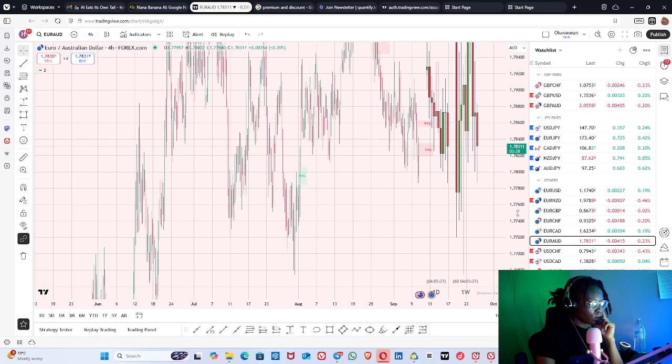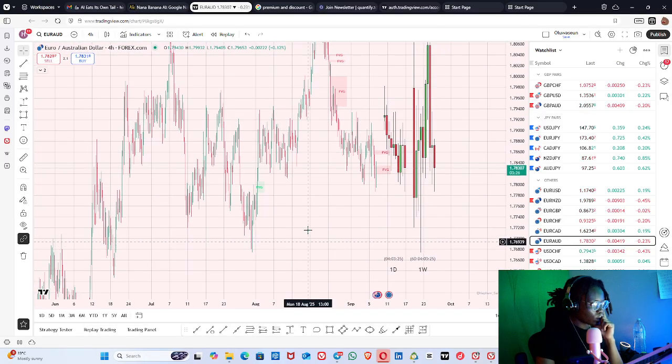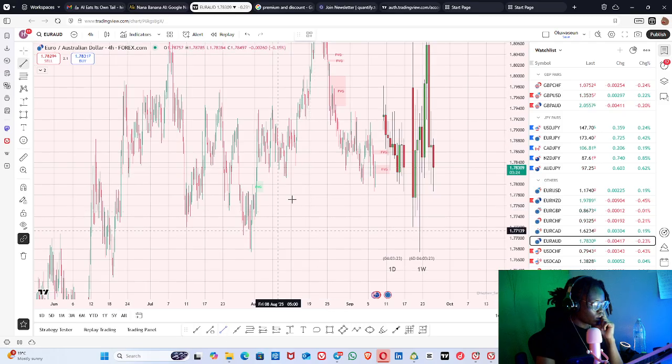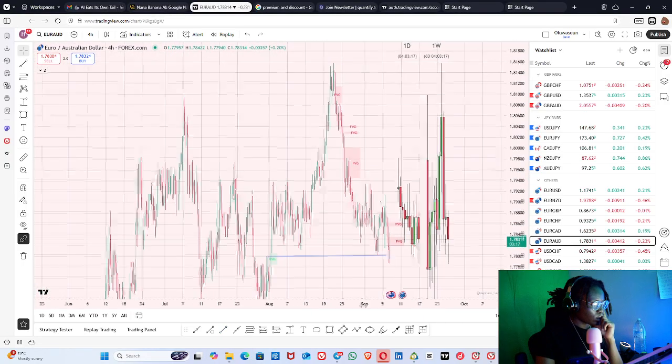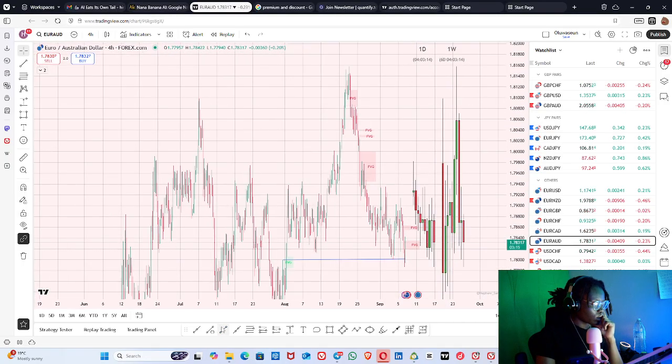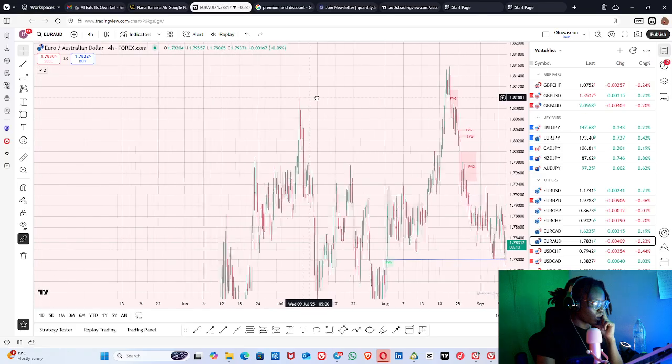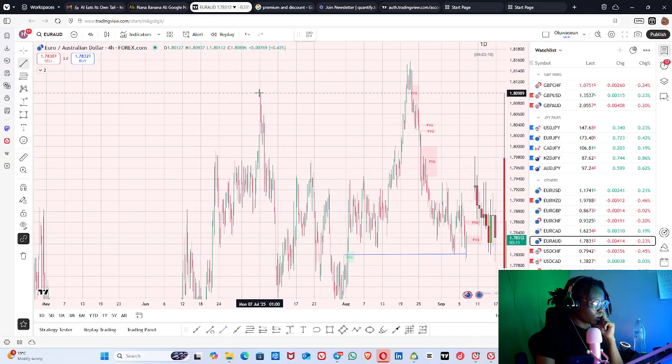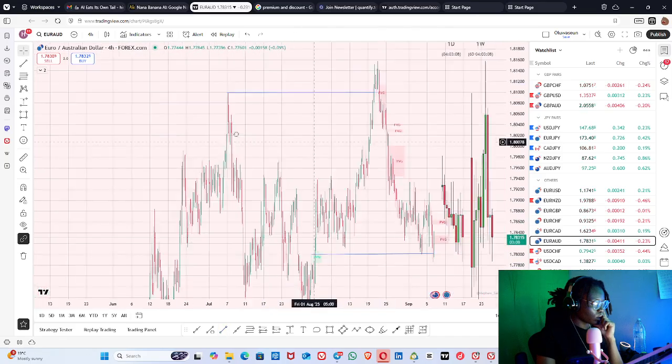Just want to see this. So price reacted from this zone. Select that. It's from here, this area.